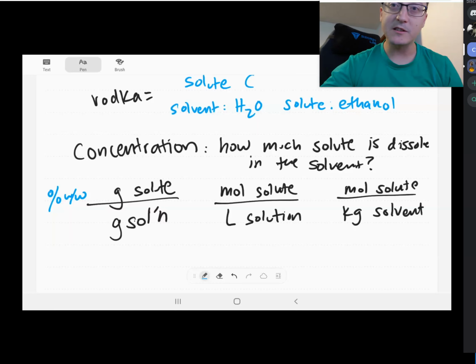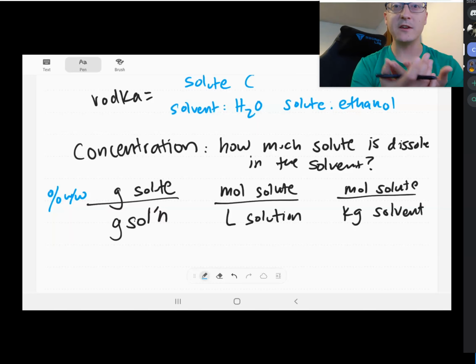You will see weight percents if you go into healthcare. For example, 0.9% saline is the basis for all your IVs. So anytime you're giving someone an IV drip, that's 0.9% sodium chloride in water, right? You can also have like 5% dextrose, which is 5 grams of glucose dissolved in 100 grams of water, or rather 95 grams of water.